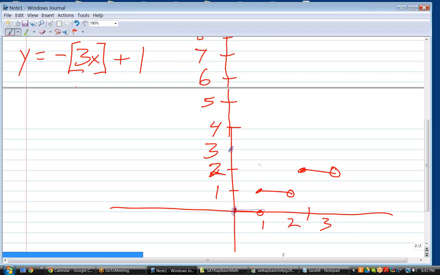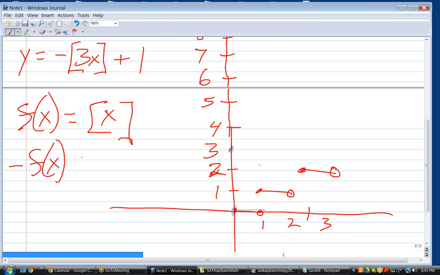If the negative sign was inside the function, in other words, here's the thing that you want to understand. If our function is that, what we are looking at is negative f of x plus 1.